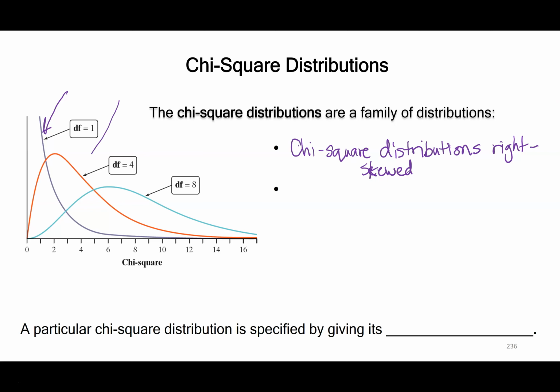If you go to degrees of freedom 4, it now has a peak right around here, but it's still pretty right skewed. If you increase the degrees of freedom to 8, it's still right skewed, but it's starting to get closer to a normal shape. So the higher your degrees of freedom, the closer to a normal distribution.